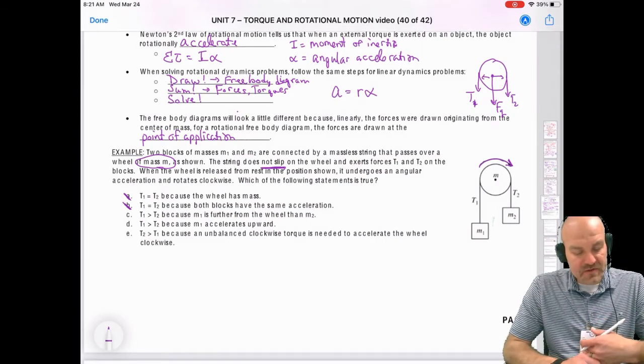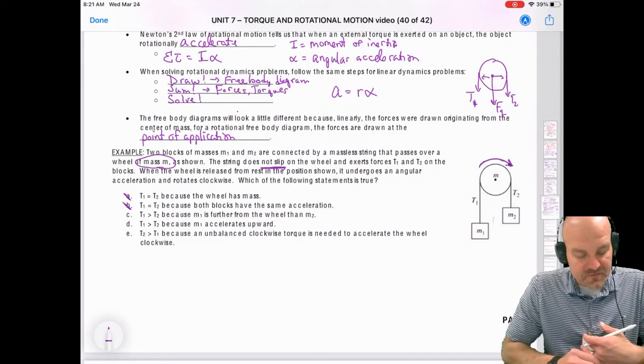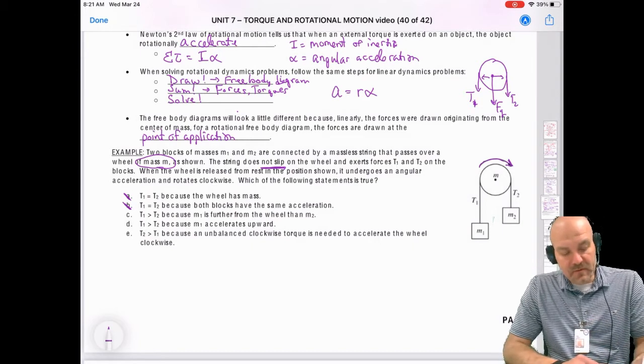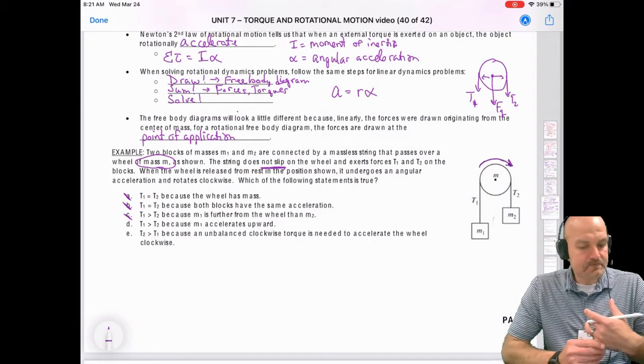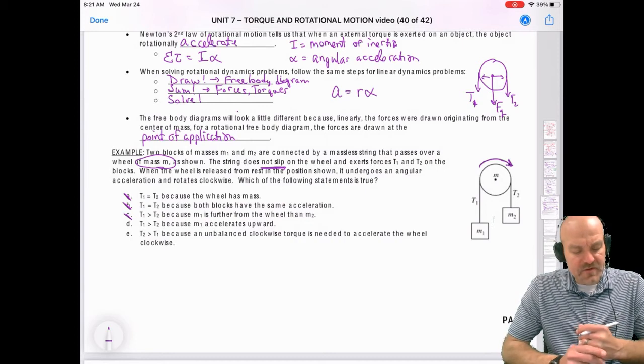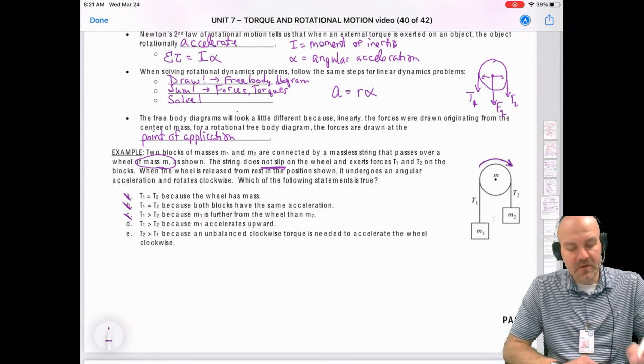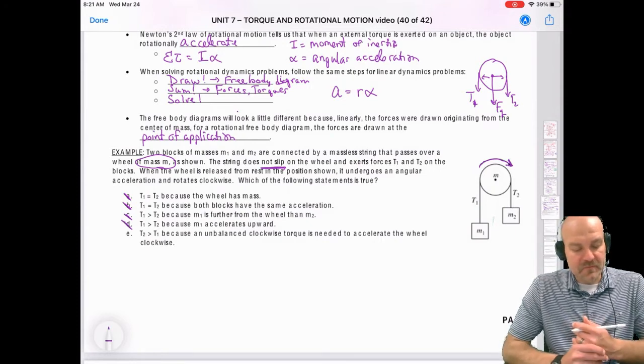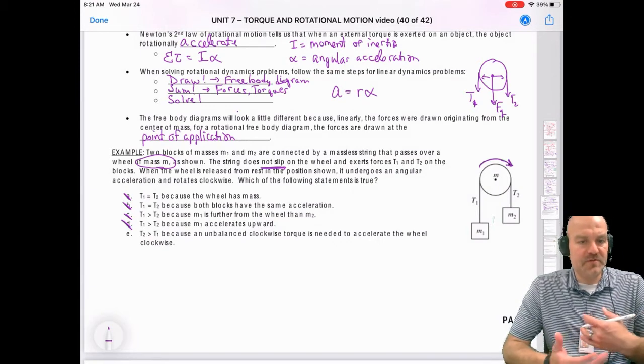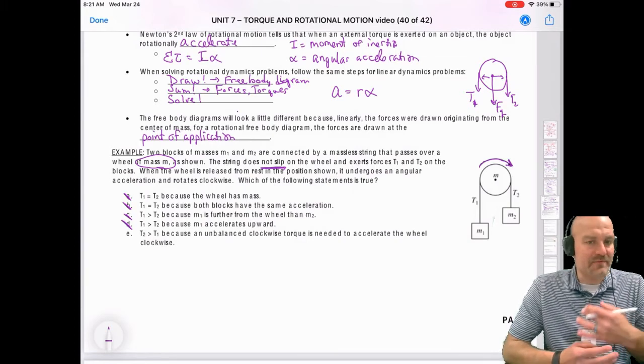T1 is greater than T2 because M1 is further from the wheel than M2. That's just how the picture is drawn. T1 is greater than T2 because M1 accelerates upward. What we're looking for is the best answer. In general, if M2 is greater than M1, it would accelerate upward, but that's not the exact reason why.